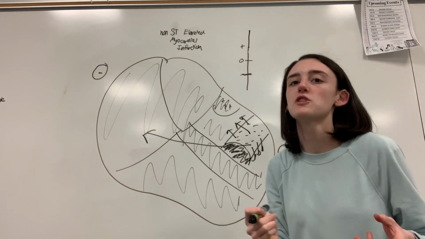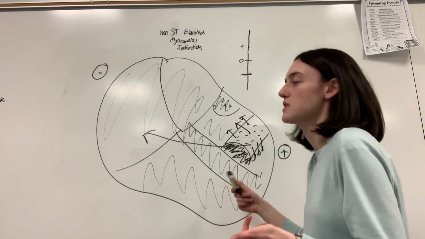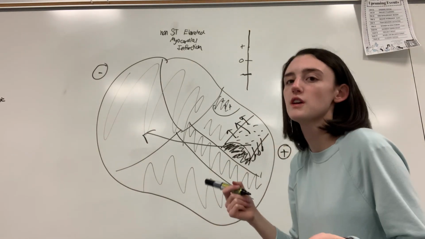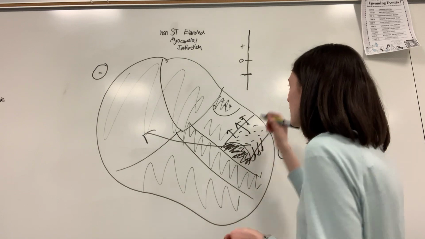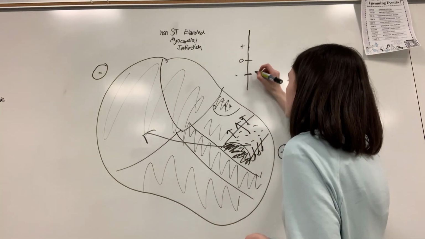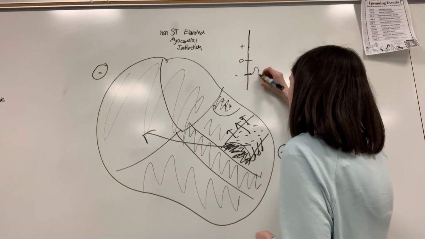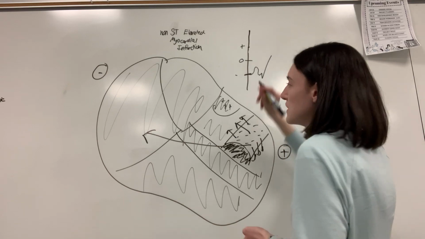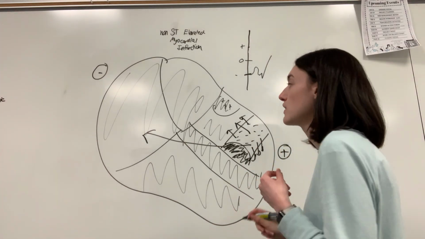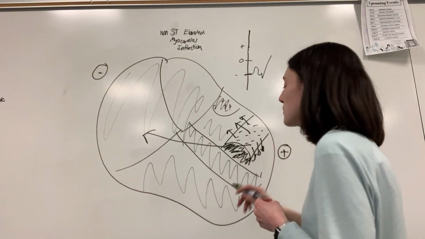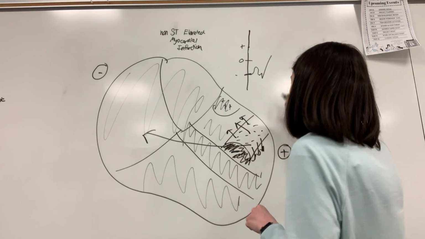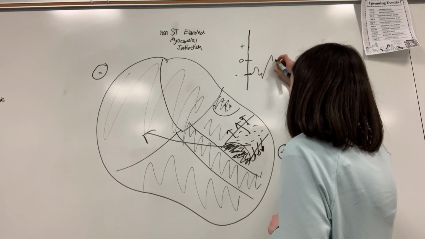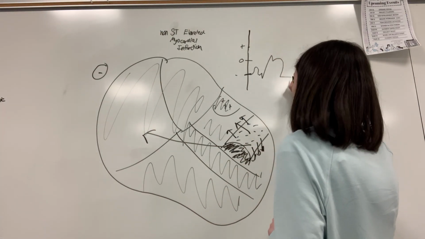And I failed to mention in non-STEMI, it's the opposite. We have our negative charge going to positive, but in this case, our vector is going to negative. So that's why our baseline lowers. Once again, the P wave and the Q and R wave are going to be the same. The S wave, however, is going to be the same way where it doesn't detect a dipole. So it's going to hit the baseline, but then come back down on the T wave.